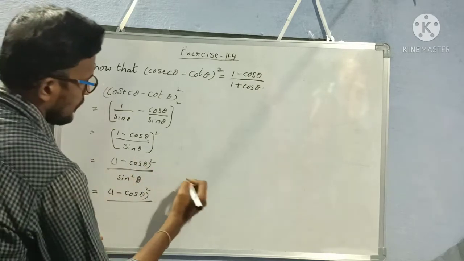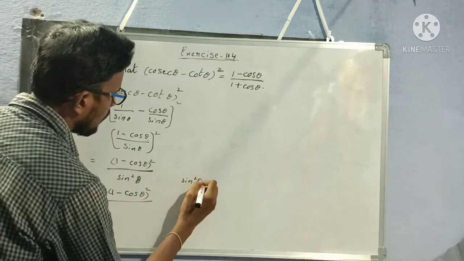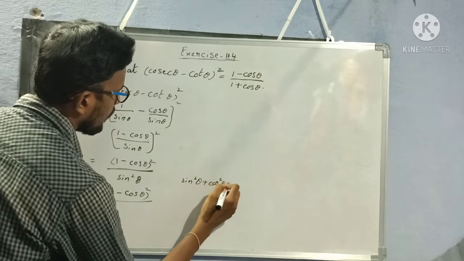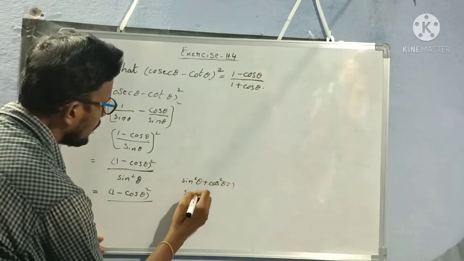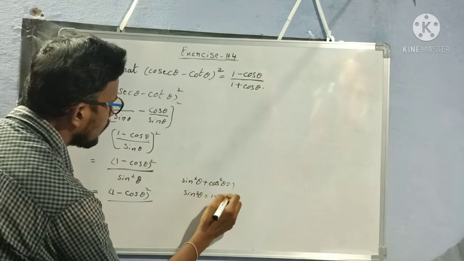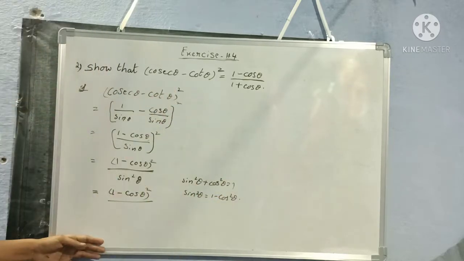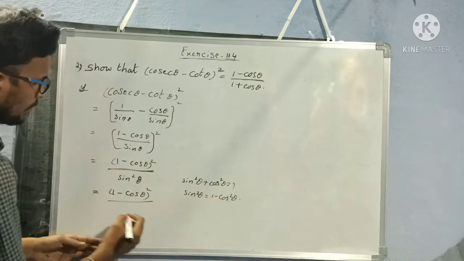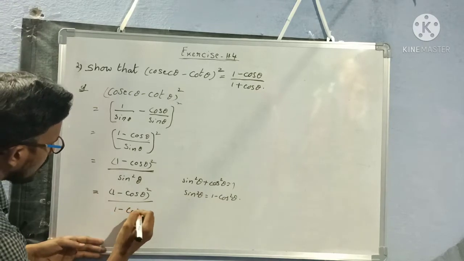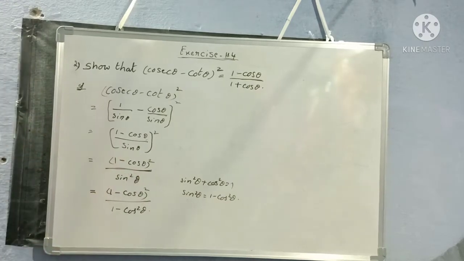Already I have said, sin square theta + cos square theta is equal to 1. So I can write sin square theta is equal to 1 − cos square theta. So the same I am writing here, instead of sin square theta, 1 − cos square theta.